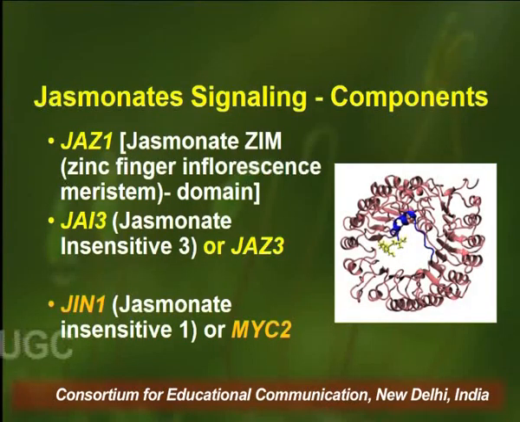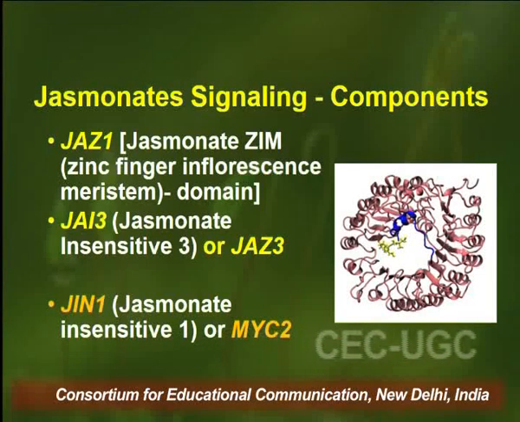Next we have the JAS1 protein or jasmonate ZIM protein. ZIM is zinc finger inflorescence meristem, and these types of proteins are responsible for controlling various growth and development factors in the plants. We also have JAI3 or jasmonate insensitive 3, which is also known as JAS3 protein.